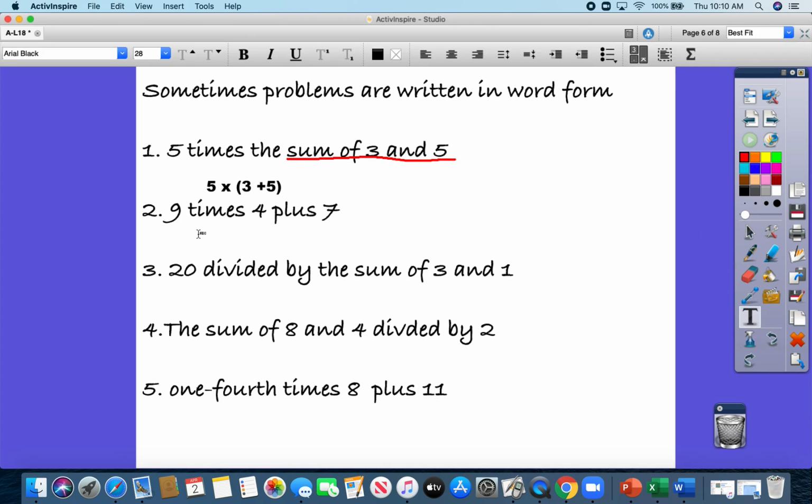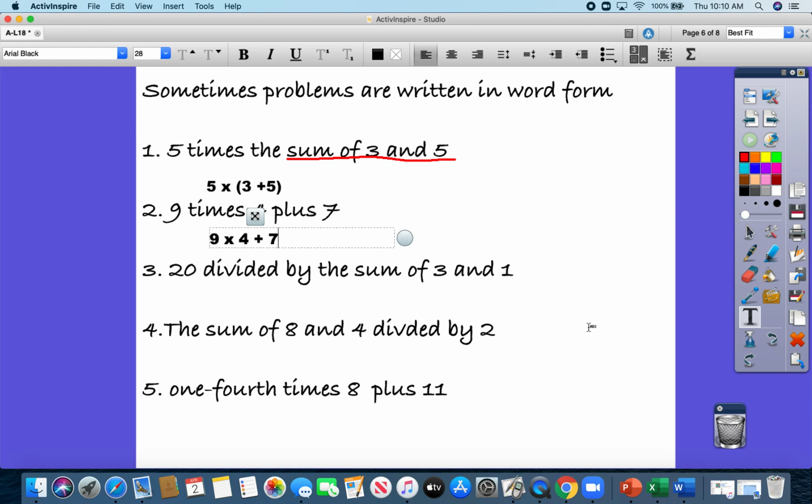Next up, I've got 9 times 4 plus 7. Any of those answer clue words? I don't think so. 9. Oh my goodness, what has happened? I'm so sorry, my friends. Let's try it again. 9 times 4 plus 7.